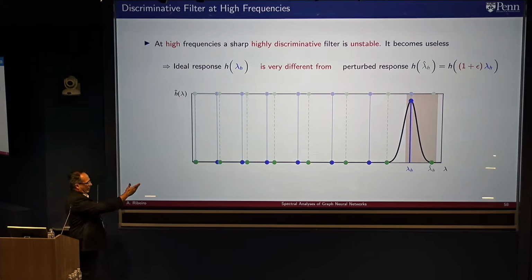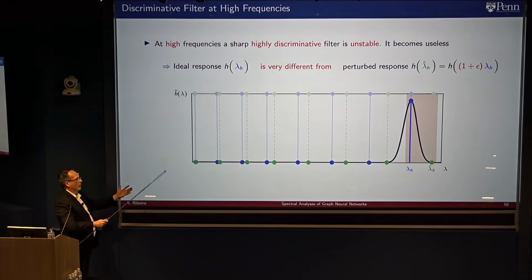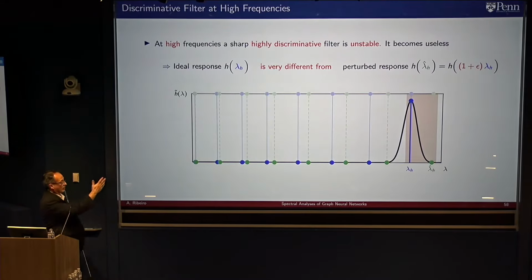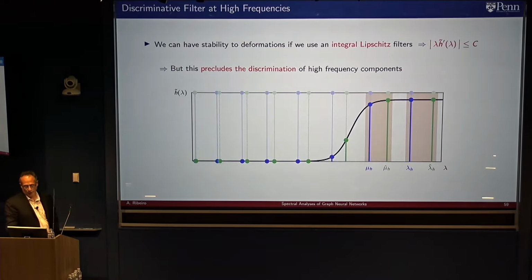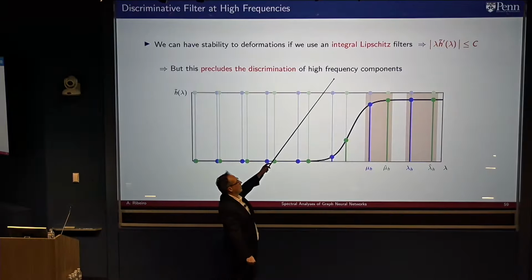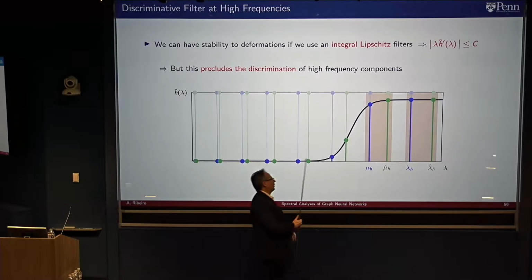Of course, in practice, it would be impossible to train for these high-frequency components because you have both lambda h's and lambda h hats in your data, and you will never learn a filter or a GNN that is able to discriminate these two features. What you need to do is impose a condition, which we call integral Lipschitz, which is that lambda times h prime of lambda is bounded by a constant.